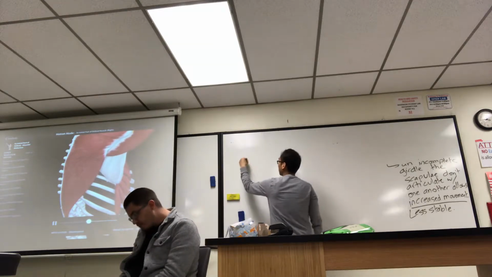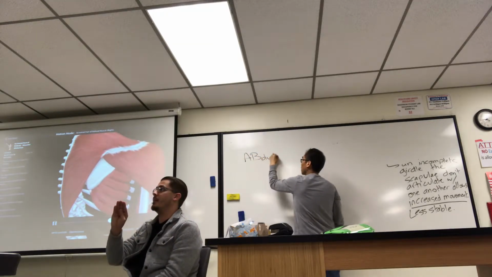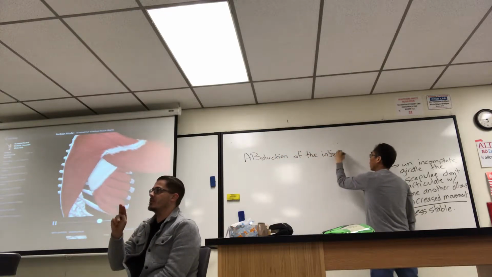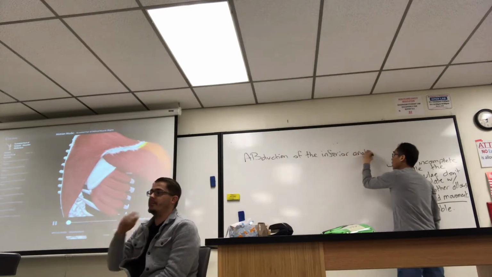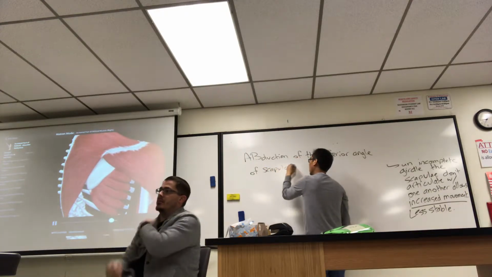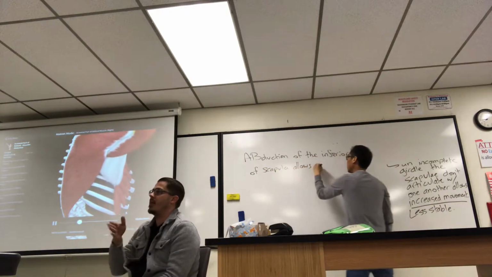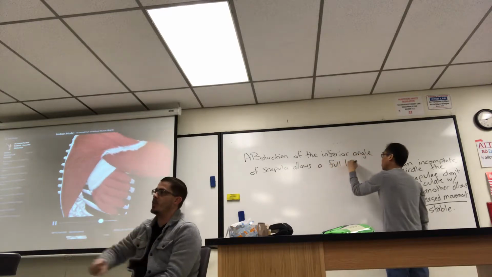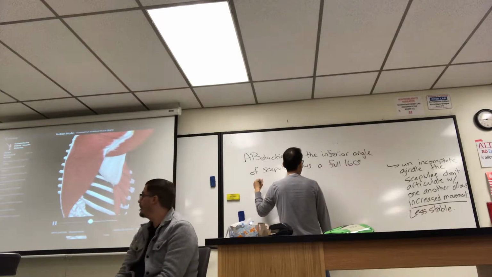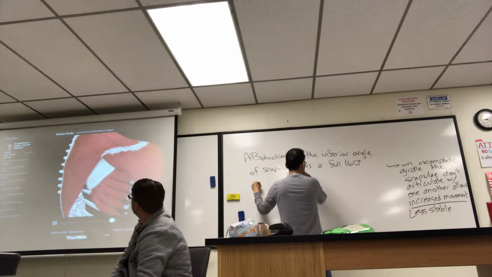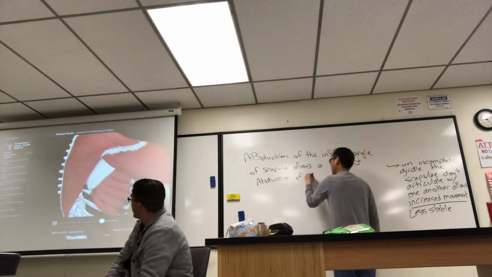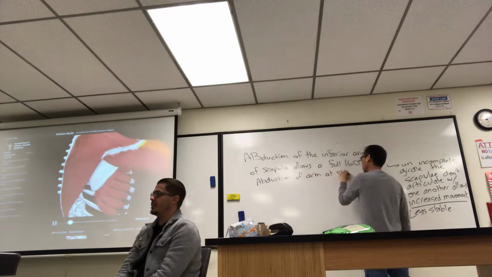So, abduction of the inferior angle of the scapula allows a full 160 degree abduction of the arm at the shoulder.